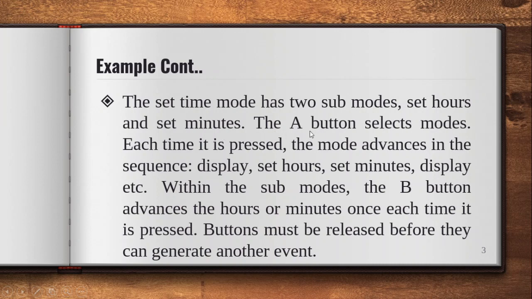A button selects the mode. Each time it is pressed, the mode advances in the sequence: display, set hours, set minutes, and display, etc. Within the sub-mode, the B button advances the hours or minutes once each time it is pressed. A button must be released before it can generate another event. Now our task is to convert these descriptions into the state diagram.